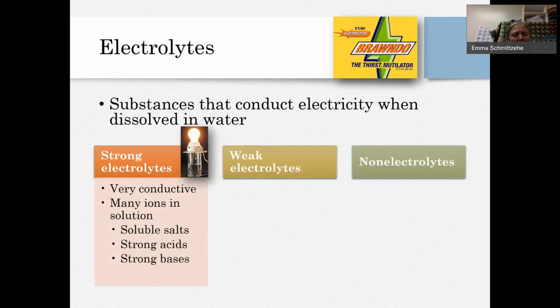Whereas a base could be an ionic compound or a covalent one. You have both types. And so it could be that it just splits up into the ions that are already there, or it creates ions in solution. Typically, the strong bases are all of the ionic type. And so those are possibilities of things that are strong electrolytes.